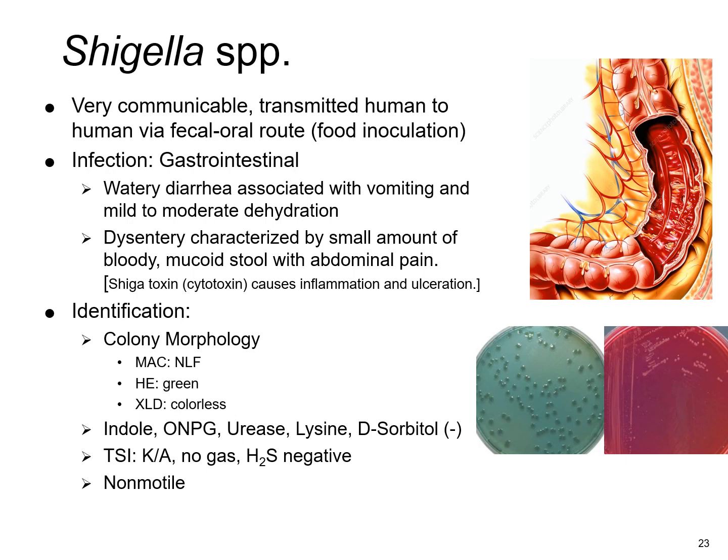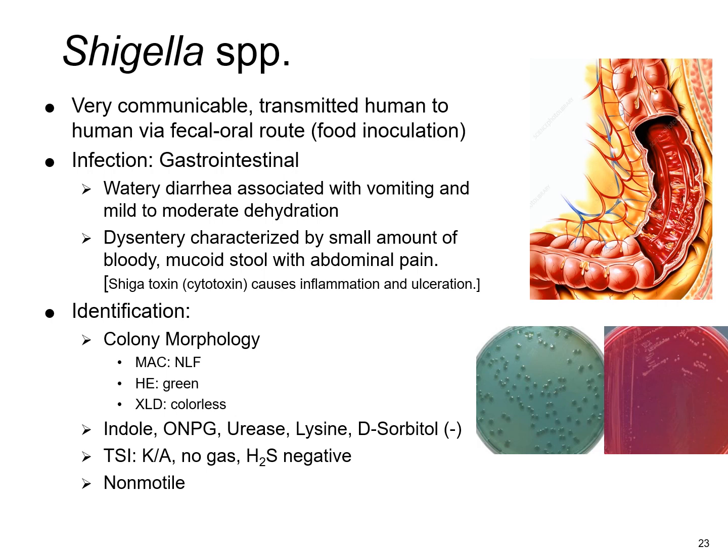It can cause a watery diarrhea that's associated with vomiting, mild to moderate dehydration, and it also can present as dysentery, which is characterized by a small volume of blood and mucus within the stools, and it can cause abdominal pain. This happens due to the cytotoxin, the Shiga toxin.